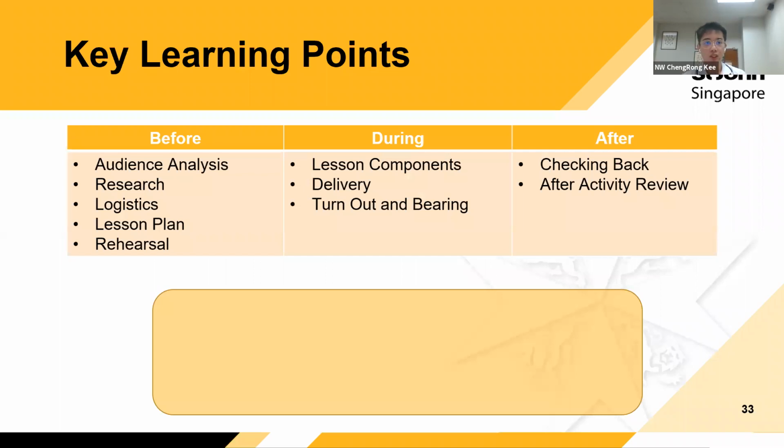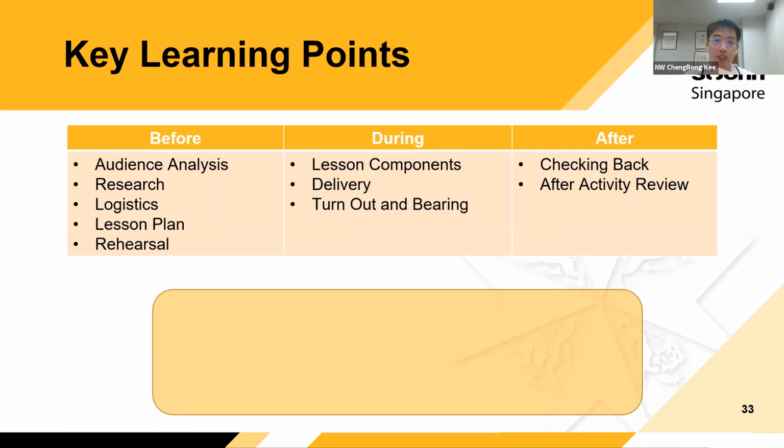Okay, so over here, we can focus more on the key learning points, the before, during, and after. Before: audience analysis, where we talk about the size and the learning capacity of the audience; research, to ensure that only correct information is being passed down; logistics, ensure that enough logistics are prepared; lesson plan, to ensure that key objectives are all met and written down; and rehearsal, where you ensure that you are familiar with the content.